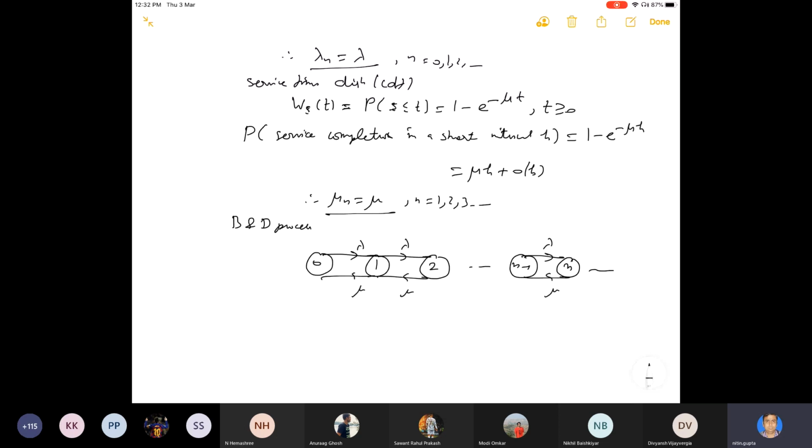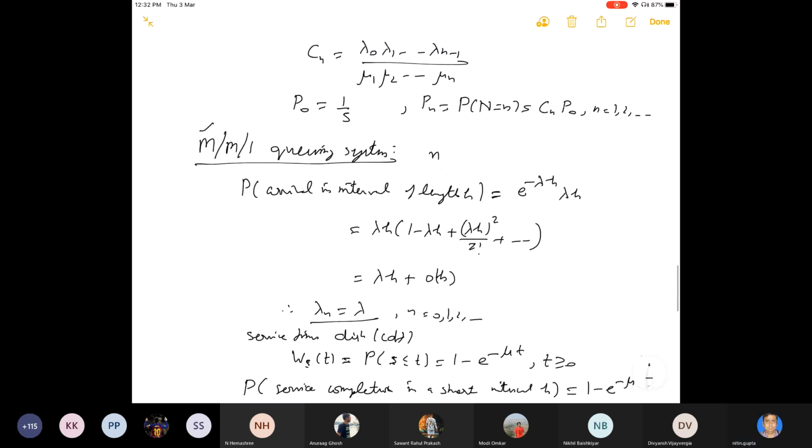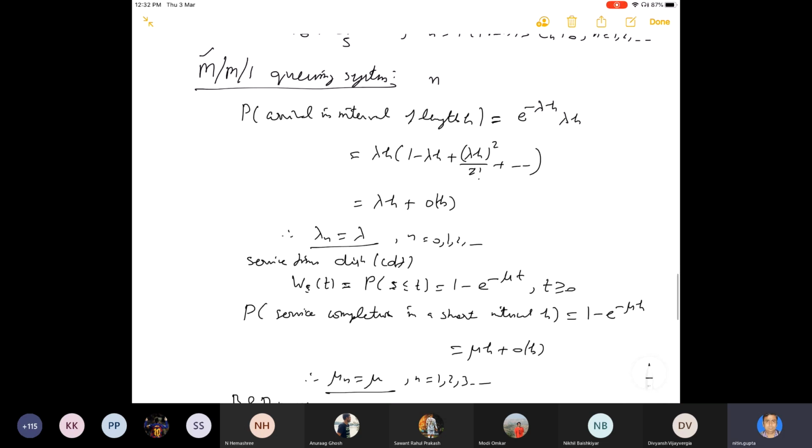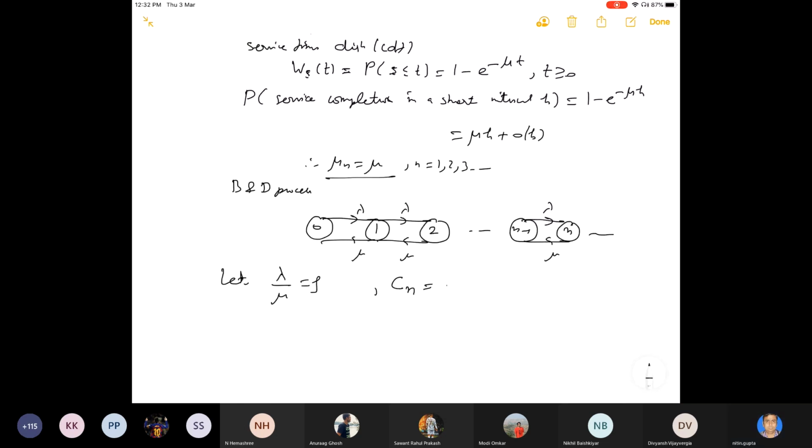So let us denote lambda by mu by rho, the arrival departure ratio. So what is Cn? It is lambda, lambda, lambda upon mu, mu, mu. That means lambda by mu raised to power n. That means rho raised to power n.